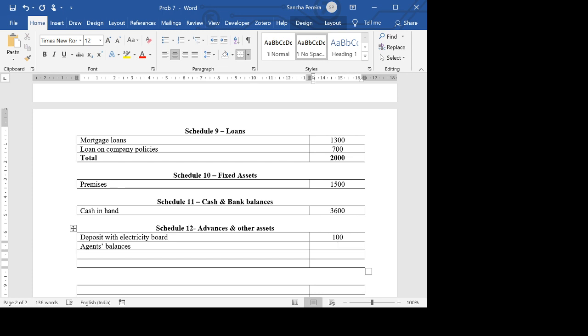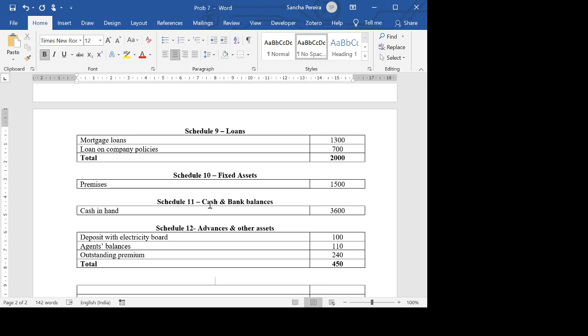If it's a debit balance, it comes under advances and other assets. If it's a credit balance, it comes under current liability. That's where the company owes its agents money. This is 110. And we also have outstanding premiums, which is 240. So the total here comes to 450.